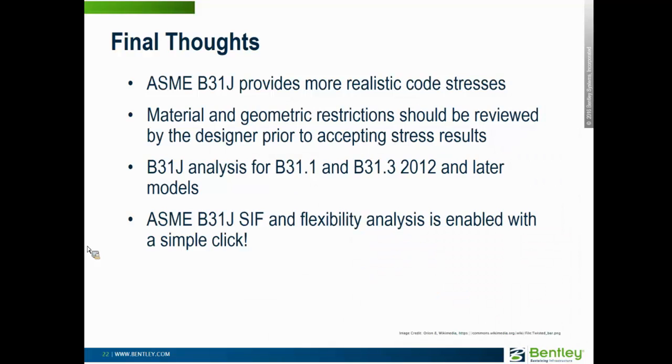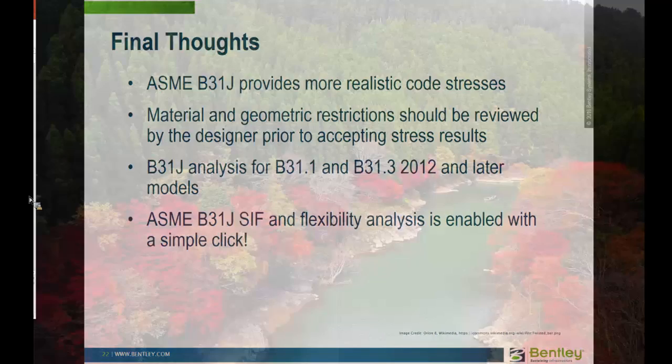Next question is, do you happen to know if B31J can also be used for B31.8 design systems? Again, it depends. I didn't actually look at B31.8 or B31.4 or any of the other codes, but the newer codes are beginning to show an option.